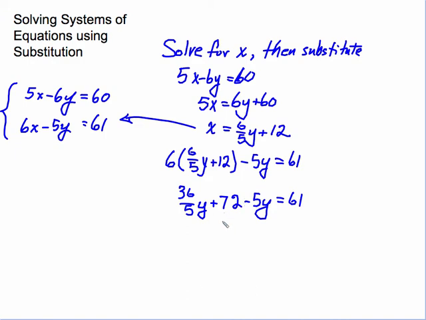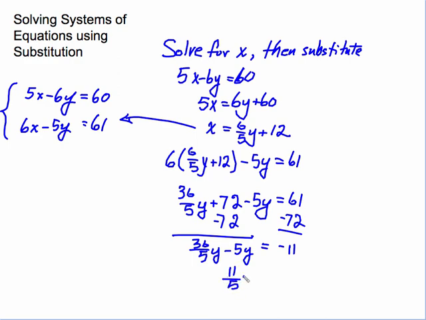I'm going to subtract 72 from each side, and we'll get negative 11 on the right, and 36/5 y minus 5y. 5 is 25/5, so 36/5 minus 25/5 y is going to be 11/5 y, and that will equal negative 11.